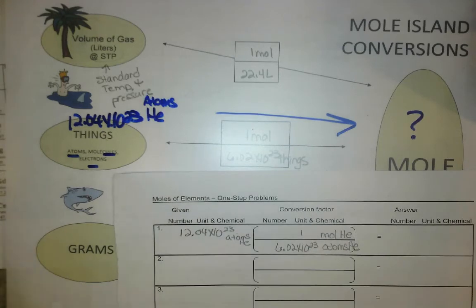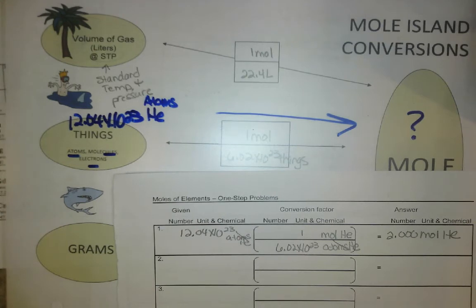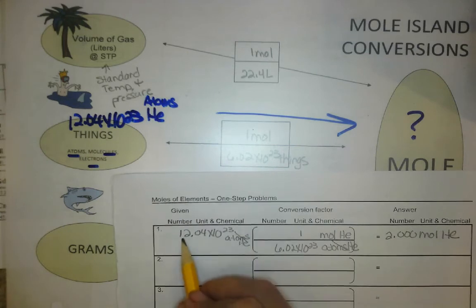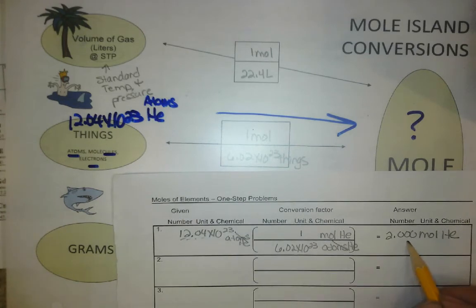So plug that in your calculator and see what you get. Okay, you should have gotten 2 moles of helium on your calculator, but remember I need 1, 2, 3, 4 significant digits. So that is 2 written significant digits. My units are moles and my chemical is helium. So that's how you should be doing that one.